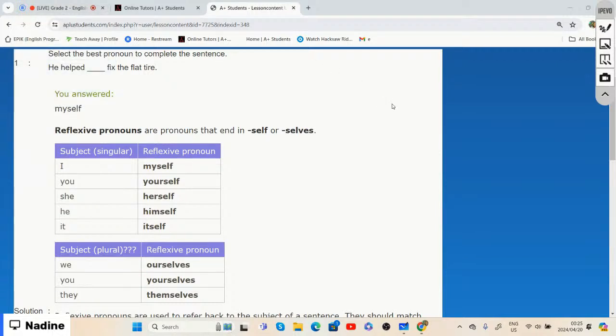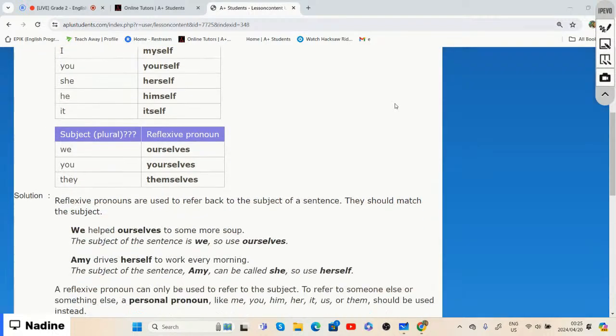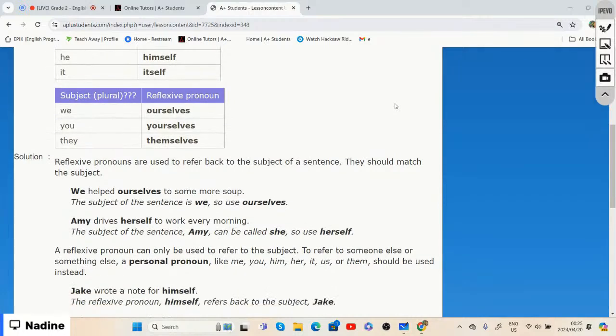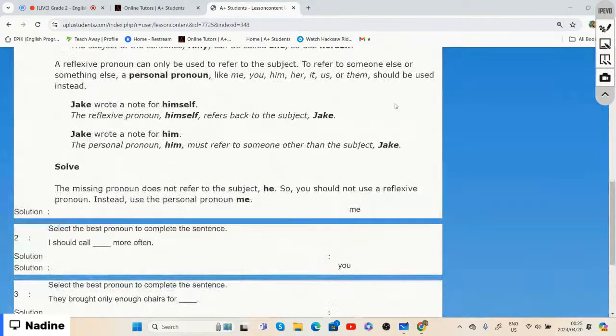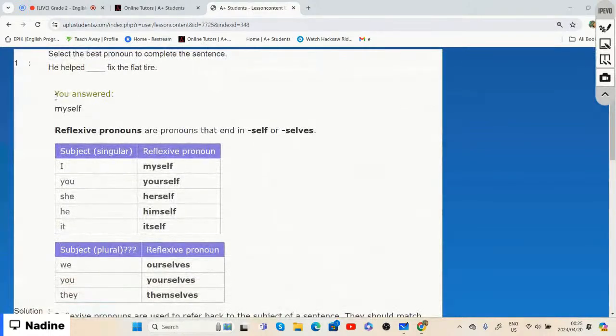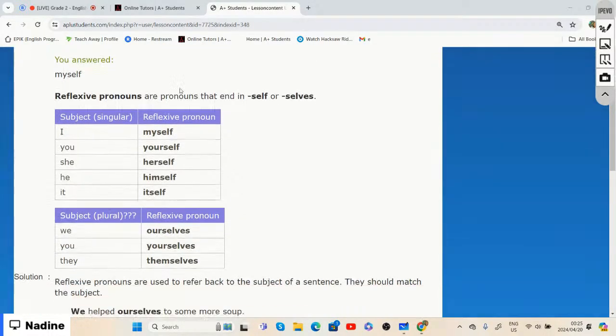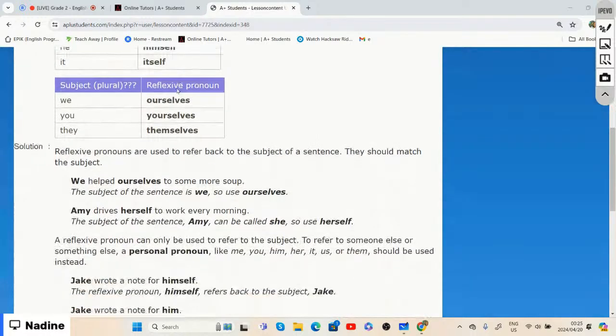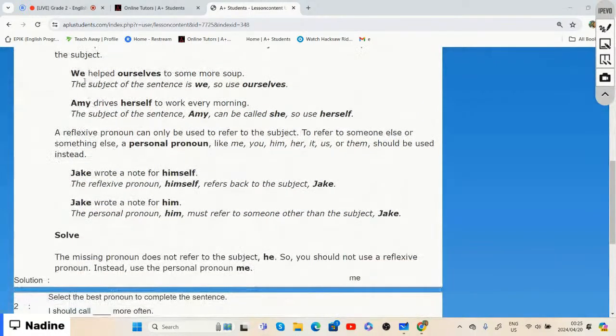It says he helped fix the flat tire. So if we look at he helped, if he's helping someone else to fix a flat tire, then that is going to be a personal pronoun. That is not going to be a reflexive pronoun.